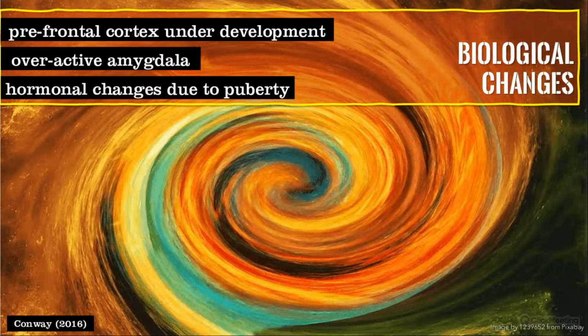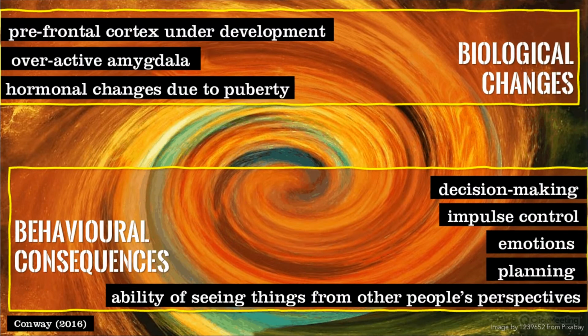So these biological changes do have an impact on teenagers' behavior. In what ways? When you think of decision making, impulse control, emotions, planning, the ability of seeing things from other people's perspectives, these are all affected by these biological changes.